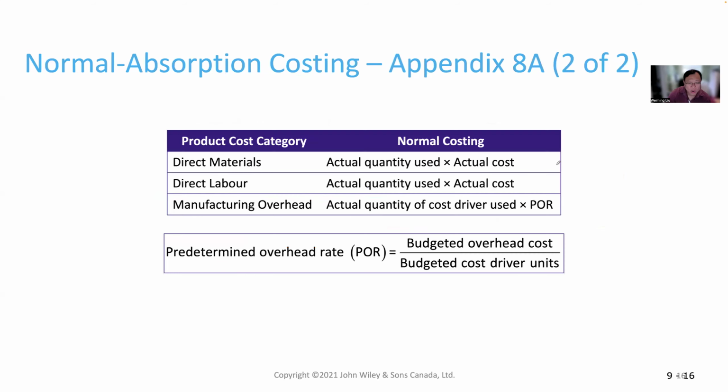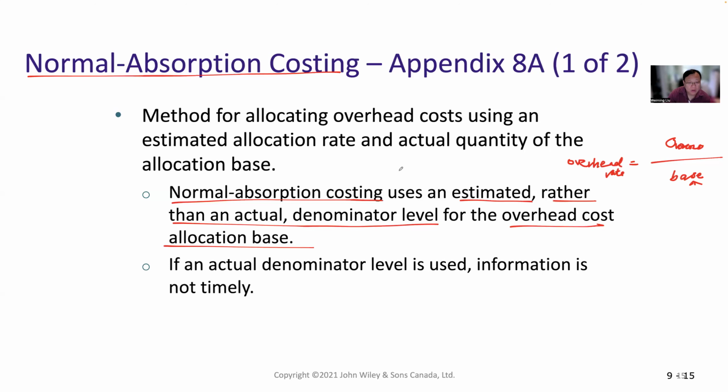So for normal absorption costing, they use an estimated, budgeted base. Under the absorption costing system, they use the actual production. Okay. And the question is why they don't use the actual denominator, actual production?